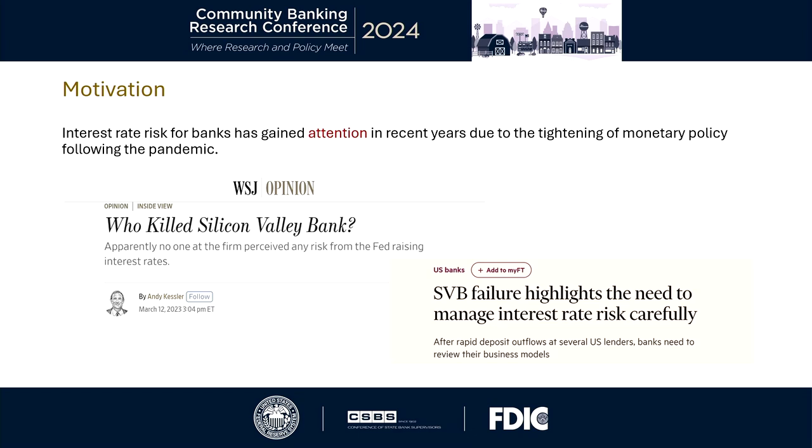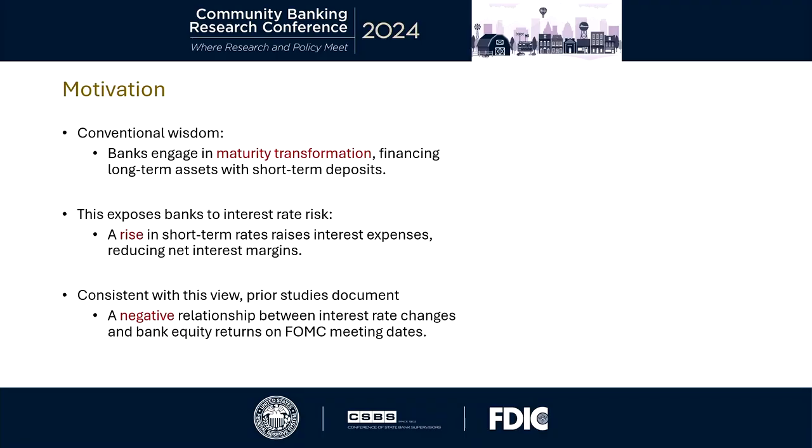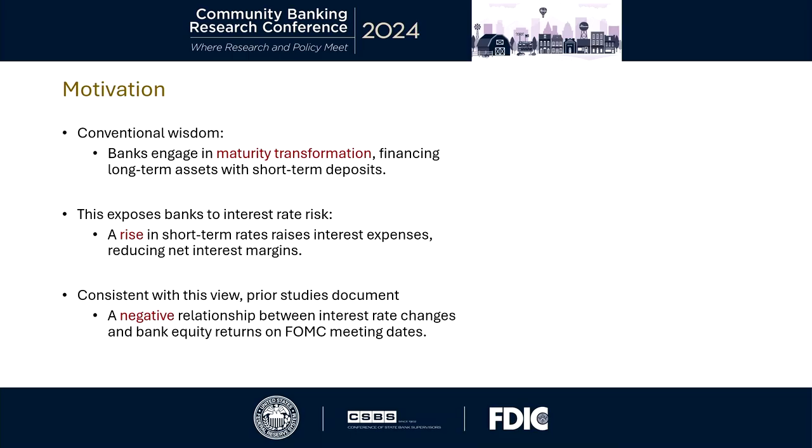When we think about banks' exposure to interest rate risk, the conventional wisdom is that banks engage in maturity transformation, meaning that they take short-term liabilities and finance long-term assets. This business structure exposes banks to interest rate risk, because if short-term interest rates increase, banks' interest expense will increase relative to interest income.